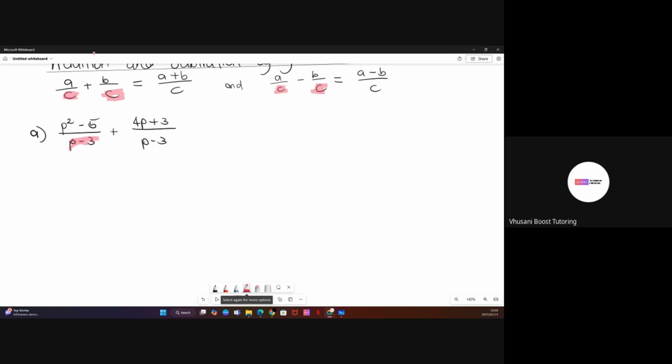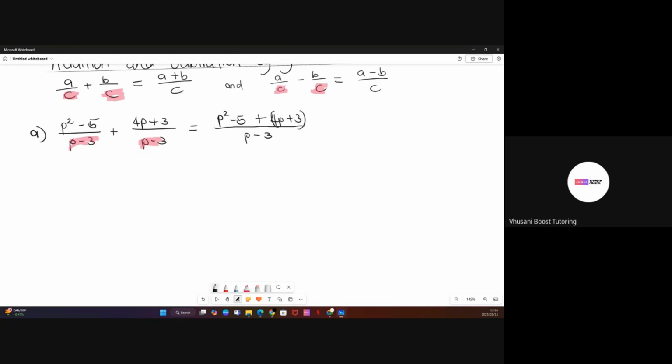And in the other denominator as well, we have a p minus 3. So you just write one long line over there, and in the denominator, you write your p minus 3. Then we look over at the top. We have p squared minus 5. You write it down as it is, plus our other numerator, which is 4p plus 3.